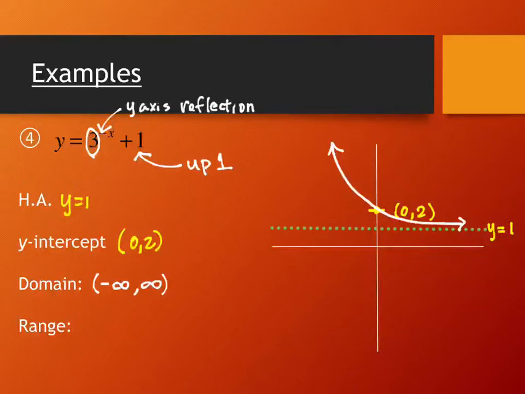That doesn't change. But on my range, I took everything and I moved it up 1. So instead of being able to be from 0 to infinity, now I have to be from 1 to infinity because I shifted everything up. Any questions so far?